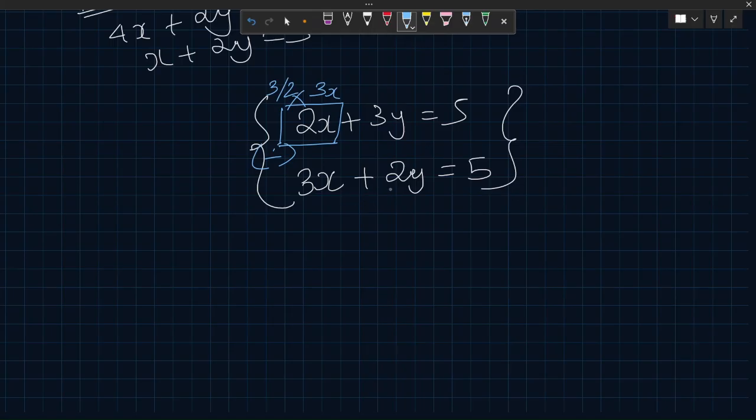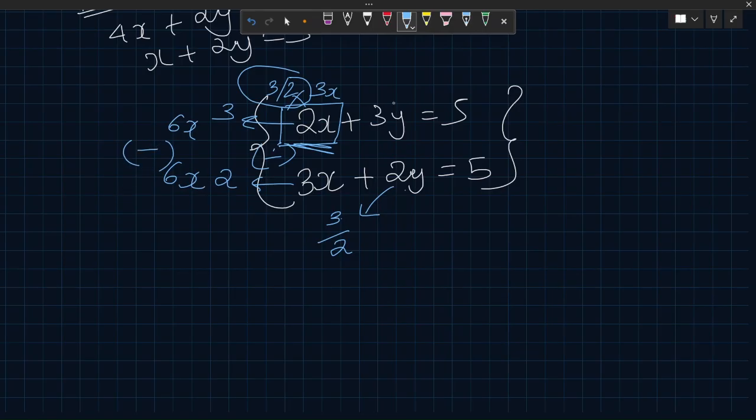Or you could multiply this equation by 3 by 2, so that the coefficient of y becomes the same, and you can subtract the two equations. But usually multiplying by 3 by 2 seems weird, so what you could do is multiply this equation by 3 and this equation by 2, so that you get 6x here and 6x here, and you can then subtract.